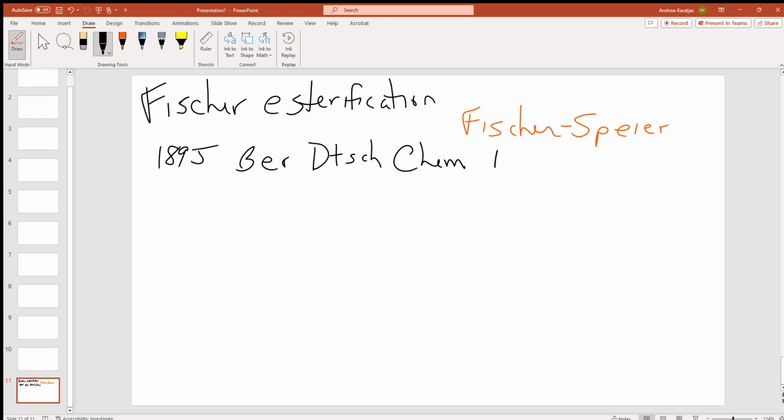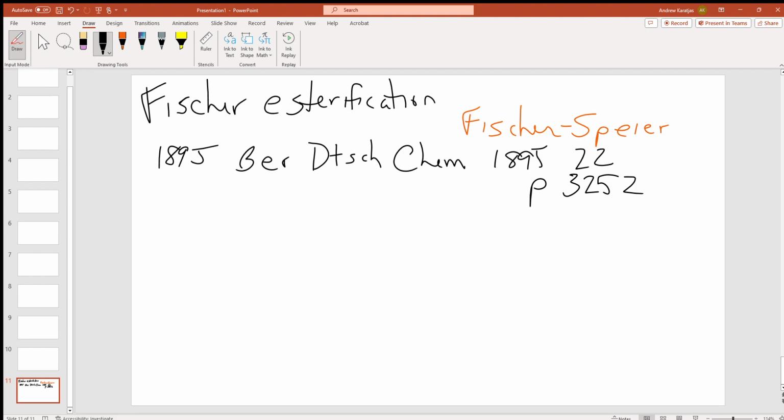And that's again 1895, 28, and page 3252. So even while it's a very, very old reaction, it's still extremely useful for synthesizing esters.